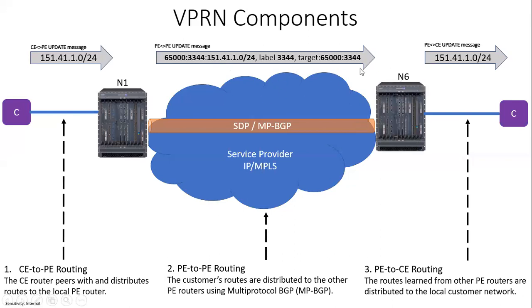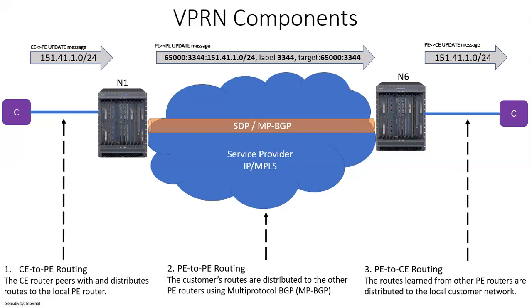So once N6 receives this update message, again, it accepts the prefix because it's distinguishable from every other prefix in the service provider network, given that it has a unique route distinguisher. So based on the VPN label, router N6 is able to tell what the IPv4 prefix should be, which in our case is just 151.41.